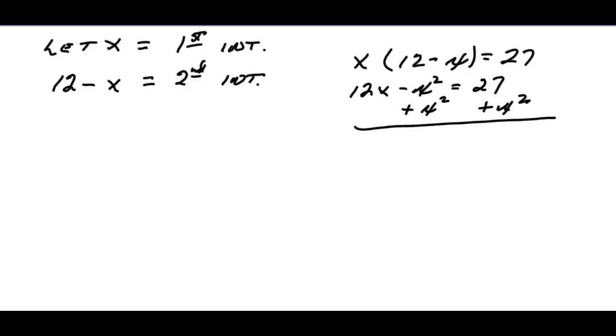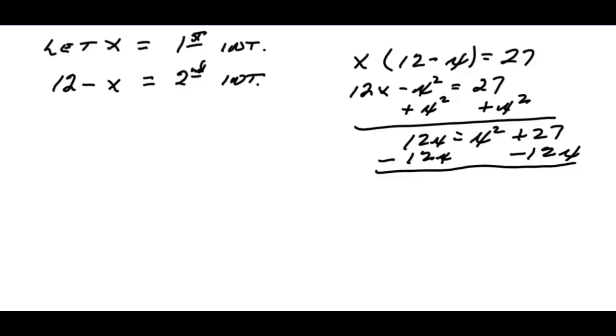That gives me a positive x squared on the right, plus 27. We still have 12x on the left, so I want to subtract that 12x. When I do that, arranging in order, I'll get 0 equals x squared minus 12x plus 27.